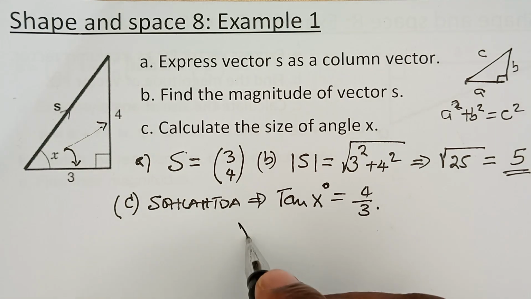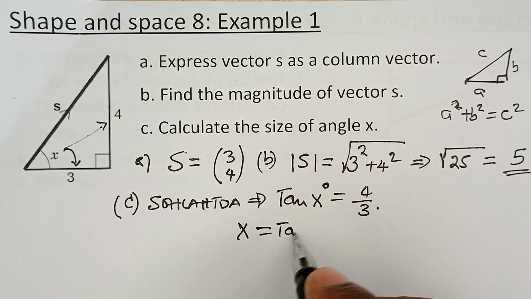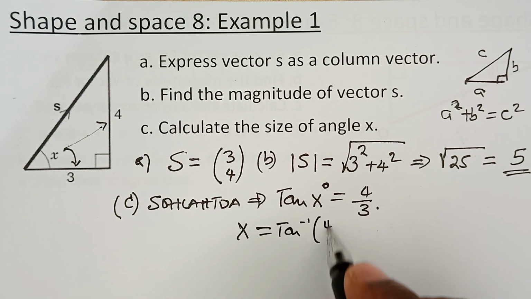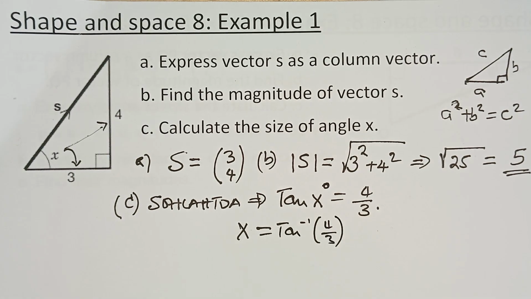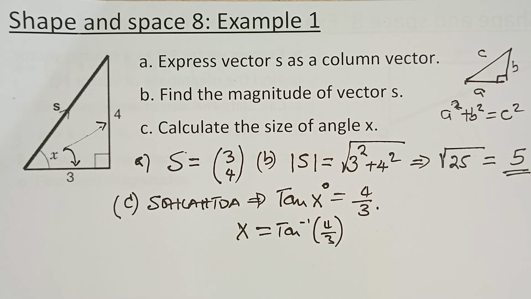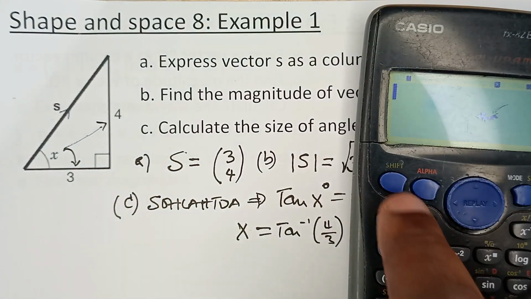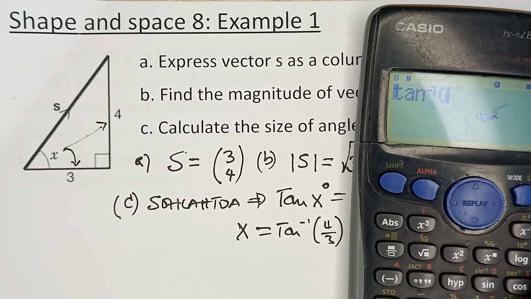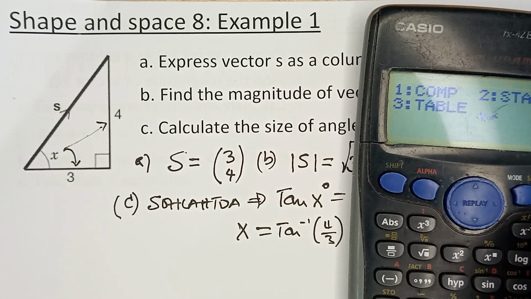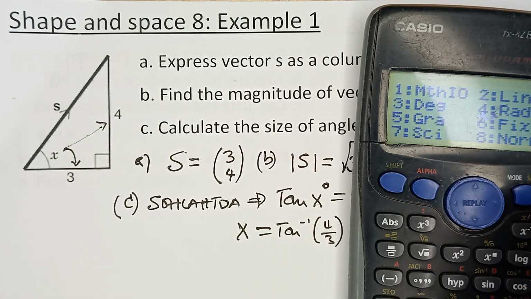So to get X, we talk about the tan inverse of 4 over 3. The tangent inverse, which is shift tan of 4 over 3. And let us see, this is in radians. Let us first of all put it in degree mode.